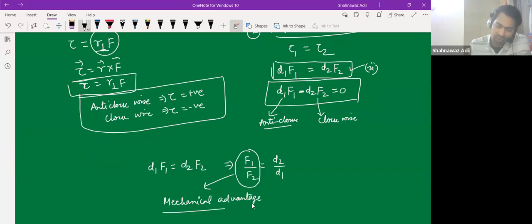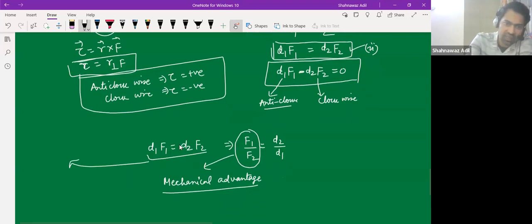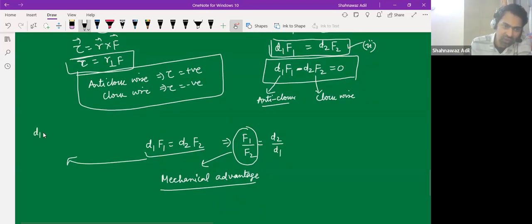So what is the general idea in the lever? That we want to reduce the effort. So this part is the effort part. We have this lever condition, and in that we have D1, which is the load distance, and F1, which is the load.